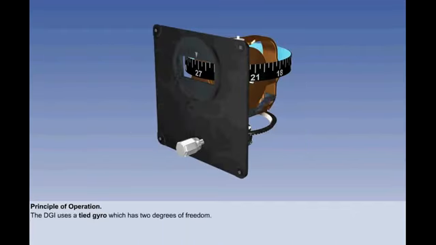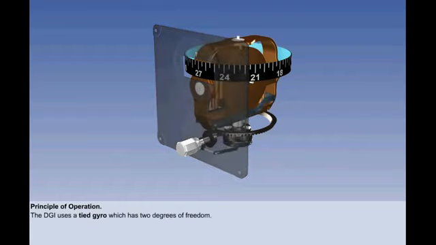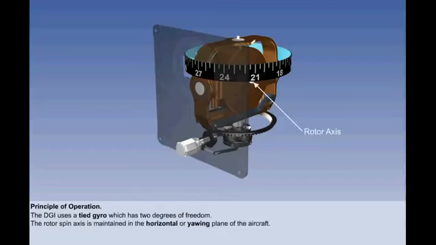An example of the internal workings of an early air-driven DGI is shown here. The DGI uses a tied gyro, which has 2 degrees of freedom. The rotor spin axis is maintained in the horizontal, or yawing, plane of the aircraft. The lesson on gyroscopic theory looked at the properties of gyros.